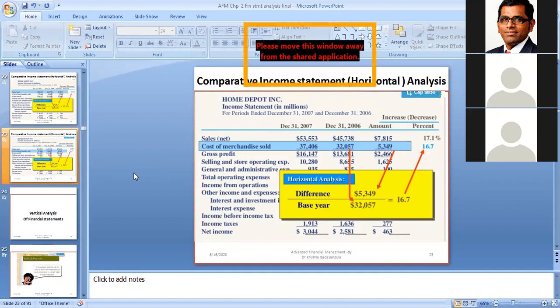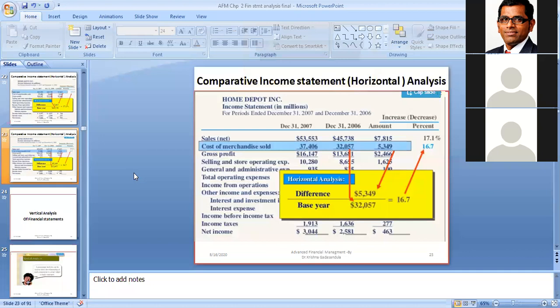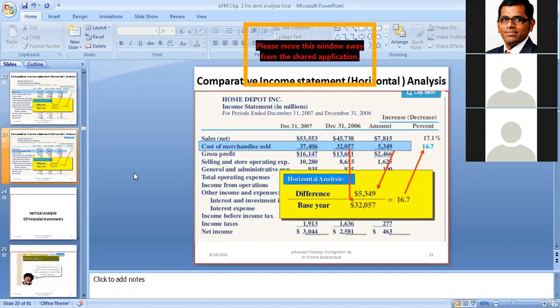I have one question. When we interpret this horizontal analysis, in what way, if both sales and cost of merchandise sold are increasing? When we see the cost of merchandise sold increase, it is unfavorable, not good. On the other hand, when net sales increase, it is favorable. In what way do we conclude?